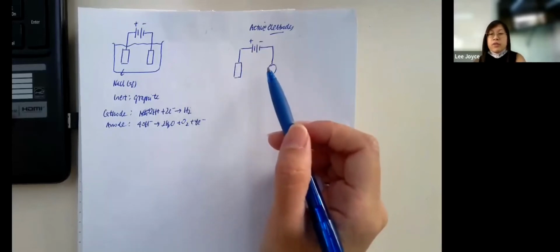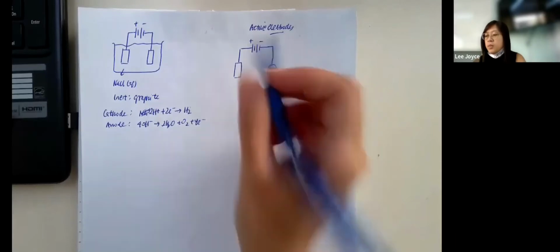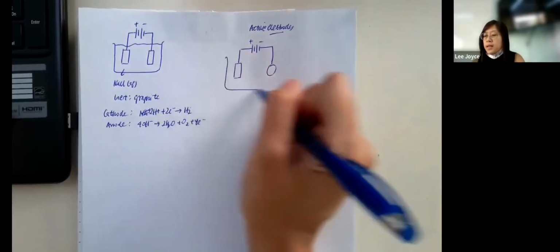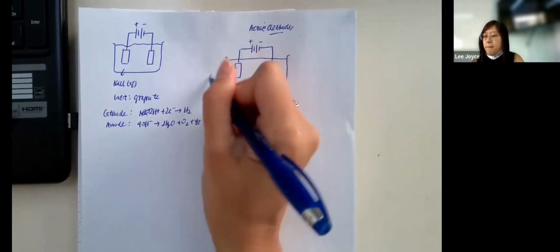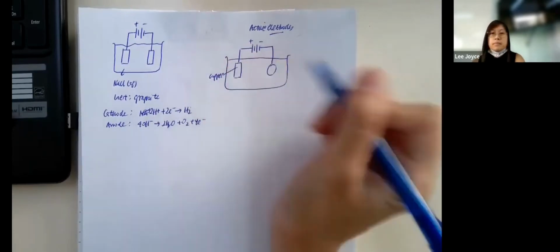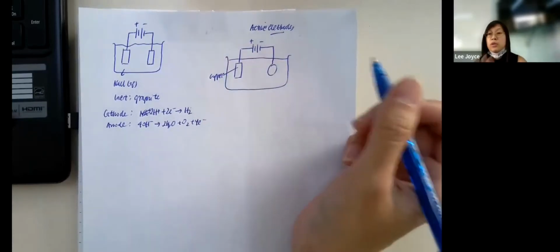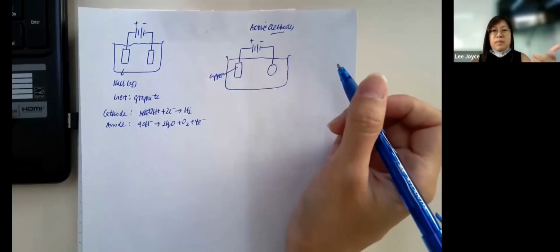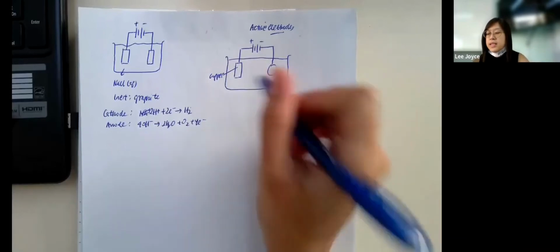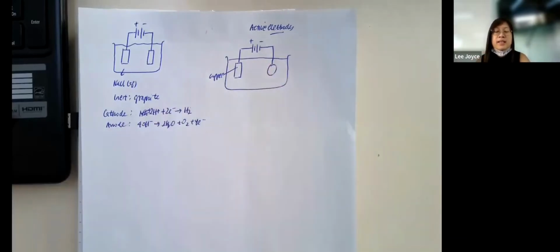For example, if we want to plate copper on the object, then we must use the copper electrode. So we no longer use inert electrodes like graphite, platinum, or carbon. Instead, we have to use the relevant metal electrode that is going to be plated on the object.